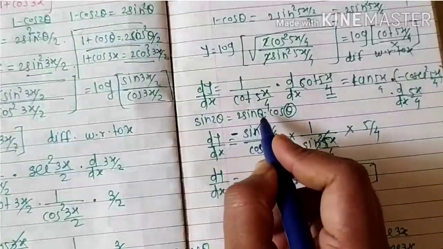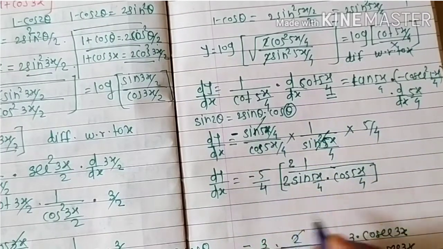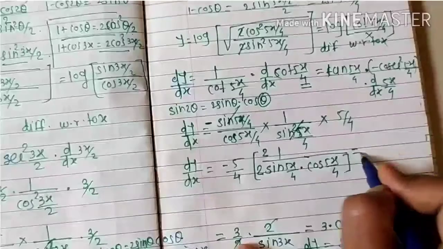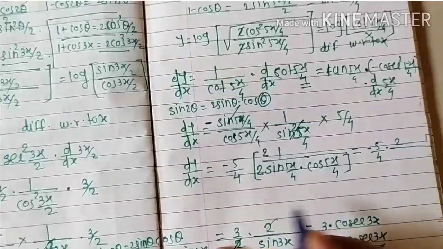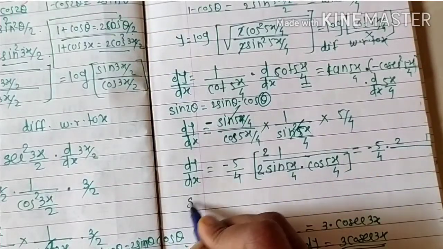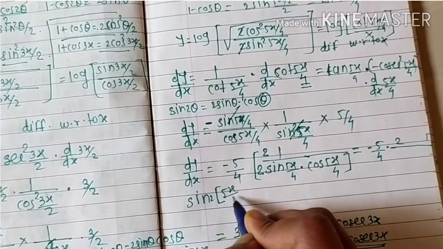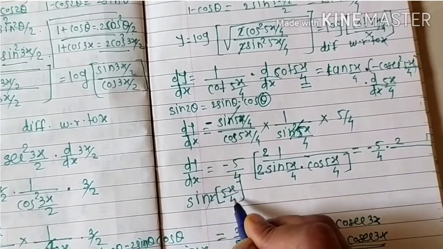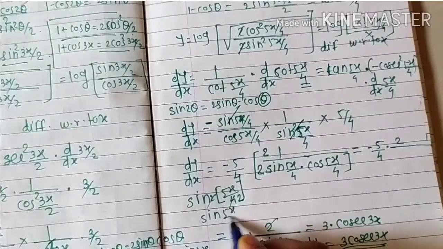For that 2 times sine into cos term we want a 2, so we divide and multiply by 2. Then minus 5 by 4 into this 2, and the denominator is 2 times sine into cos, which means sine 2 theta, but theta is 5x by 4, so out of this the 2 gets cancelled, and what remains is sine of 5x by 2.